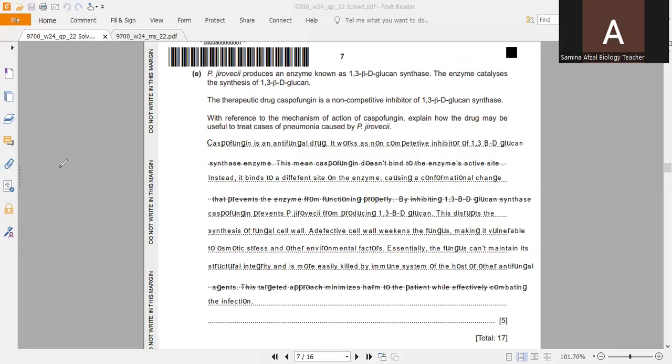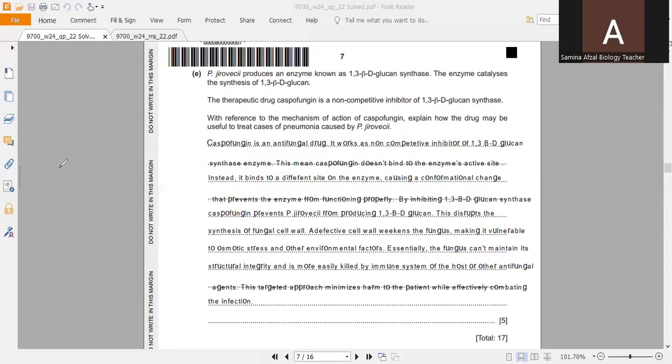So 1,3-beta-D-glucan synthase is an enzyme produced by P0VC. It is essential because it catalyzes the synthesis of 1,3-beta-D-glucan, a major component of the P0VC cell wall. Caspofungin is an antifungal drug. It works as a non-competitive inhibitor of the 1,3-beta-D-glucan synthase enzyme.